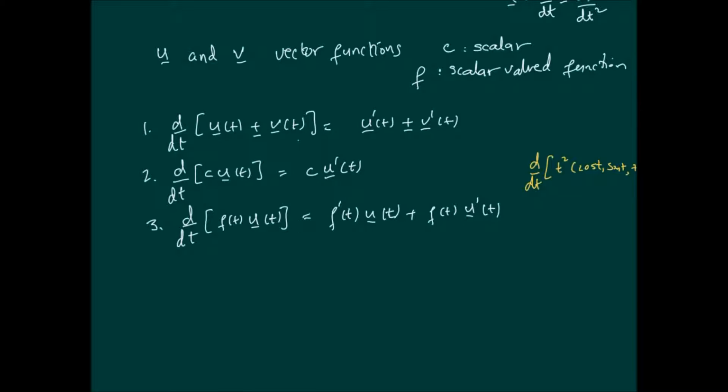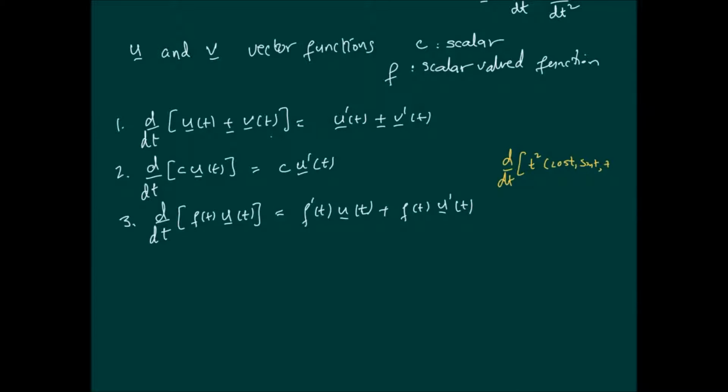When we are practically doing these problems, you don't have that many options. You could take the t squared inside, multiply it through the cosine, sine, and t, and then take the derivative. Or you could just follow the rule. That would mean you'd have 2t times (cos t, sin t, t), plus t squared times (minus sin t, cos t, 1). Then you'd combine them and get the result.